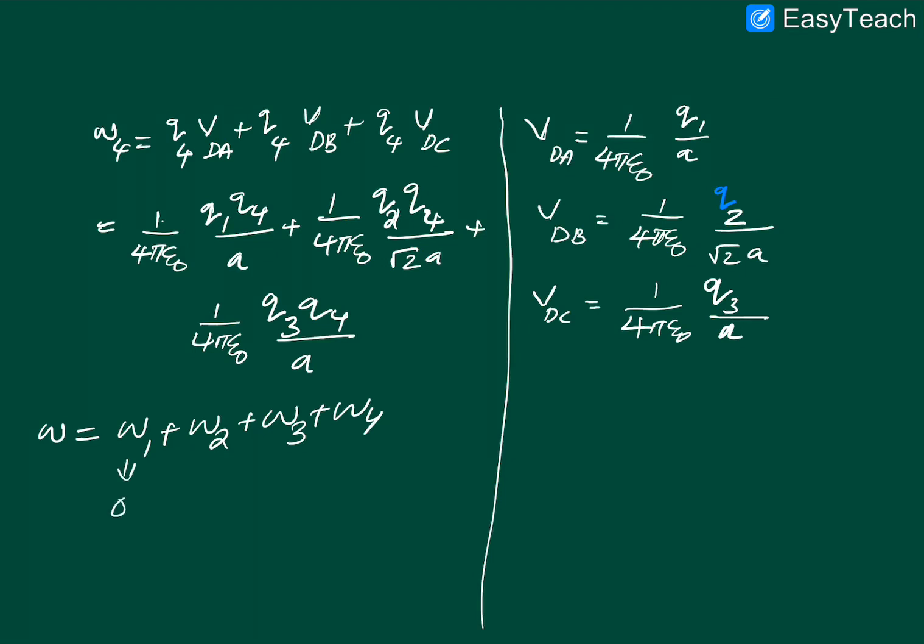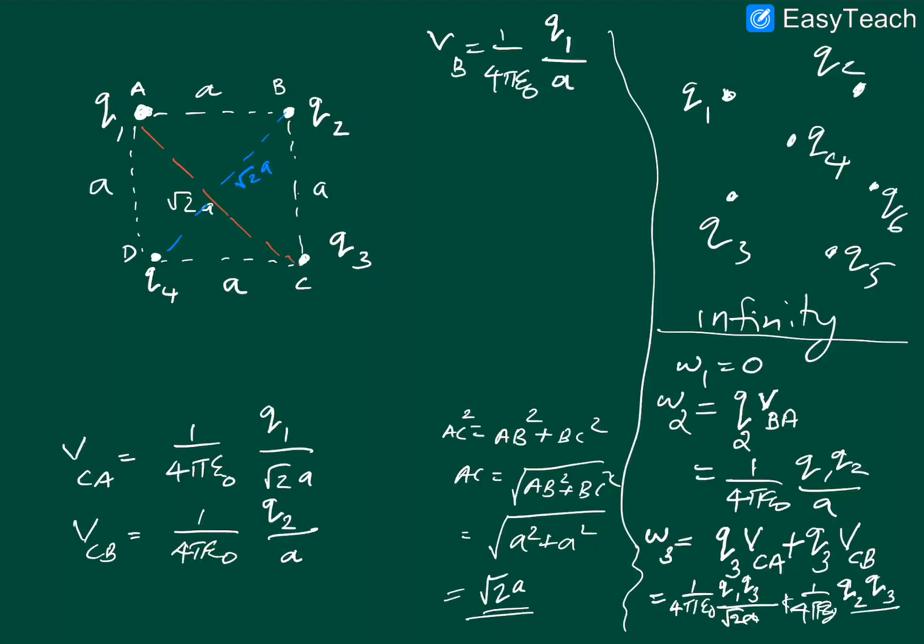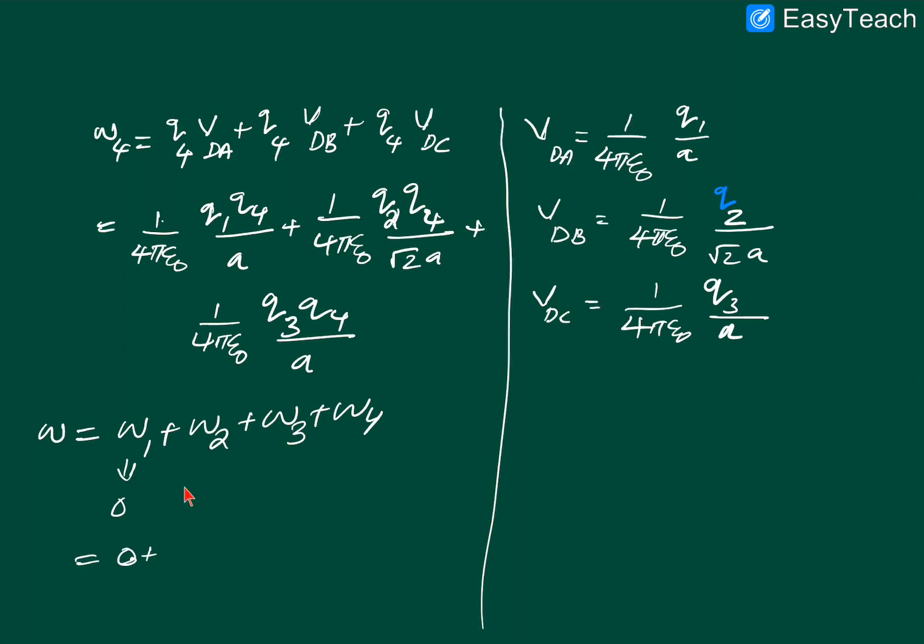W1, as you know, is 0. So 0 plus what is W2? W2 is 1 by 4 pi epsilon 0 Q1 Q2 by A. Plus, what is W3?